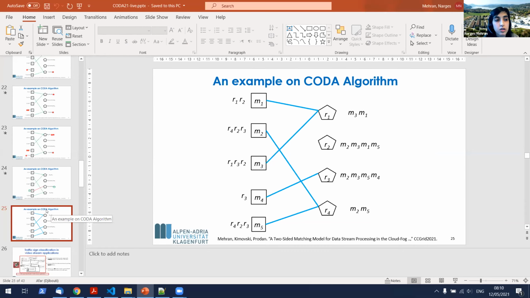Yeah, exactly. So basically, we consider the utilization of that specific resource, and we try not to overload one specific resource while there are enough resources. So it will be the decision of the orchestrator to check whether that resource is overutilized or not.